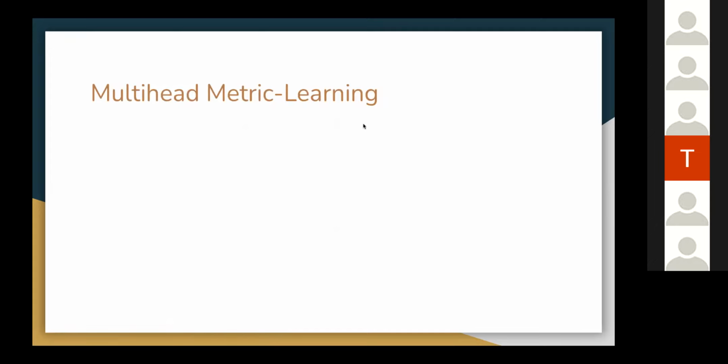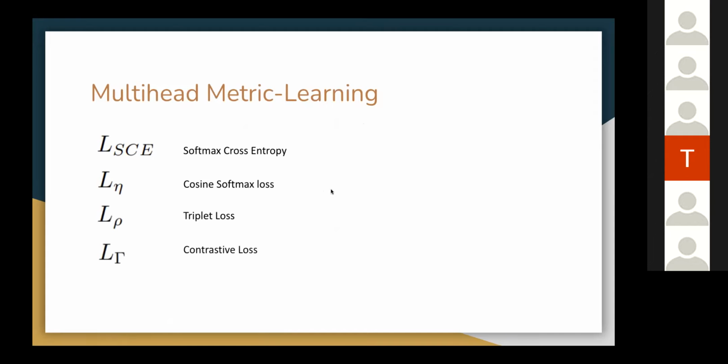The authors of this dataset also propose some methods, some metric learning. They use softmax and cosine softmax loss, but they also use some triplet loss and contrastive loss. They're trying to force their model to express meaningful encodings. Whenever the models they're designing, such as ResNet, encode the data, they want the encoding to be meaningful.